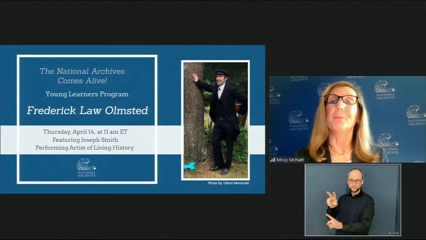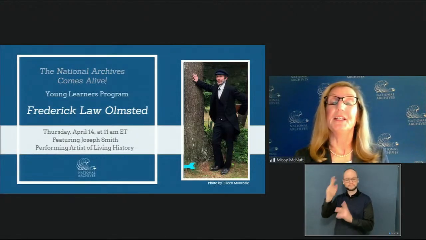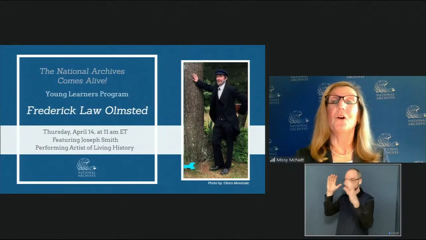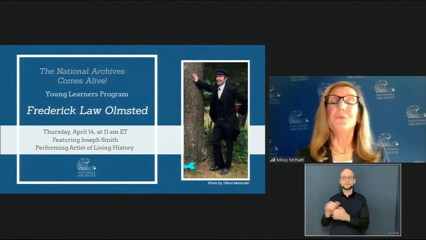Olmsted is perhaps best known for designing Central Park in New York City, which he co-designed with architect and partner Calvert Vaux. But Olmsted was so much more than a landscape architect.